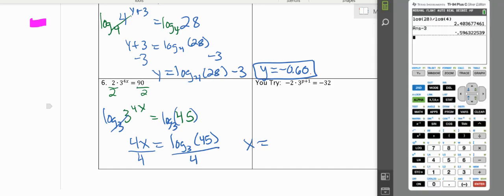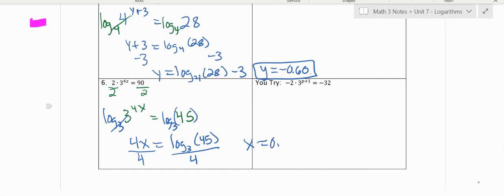Since we have to use our base change, I'm going to just do it in the calculator. The log of 45 over the log of 3 would give us 3.46497, and then I'm dividing it by 4. You would get 0.866, or 0.87.